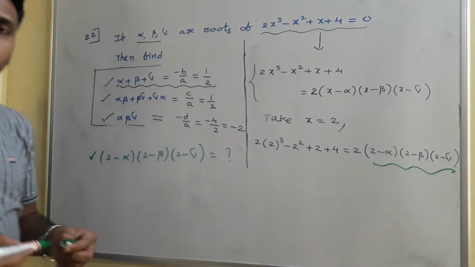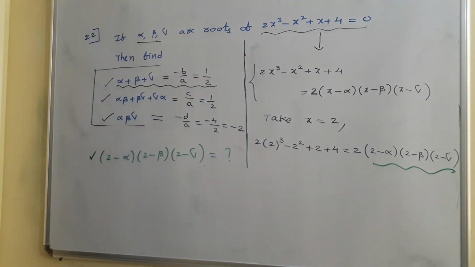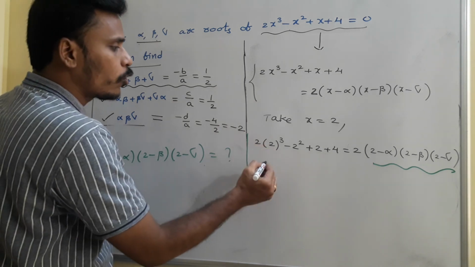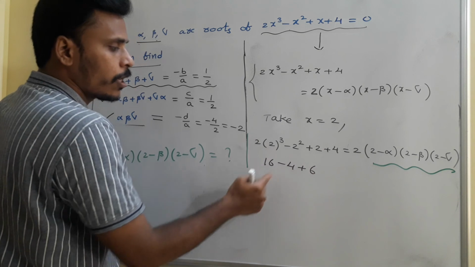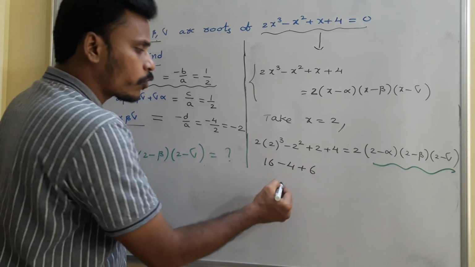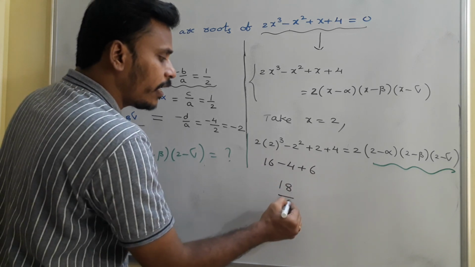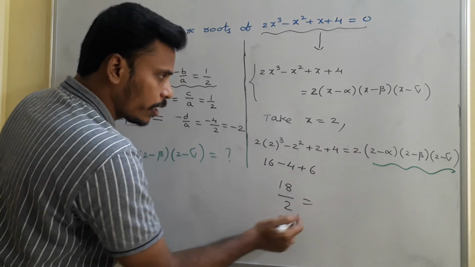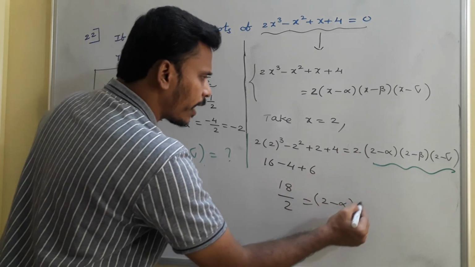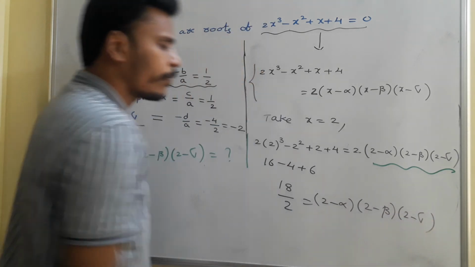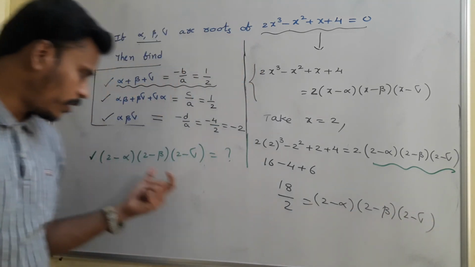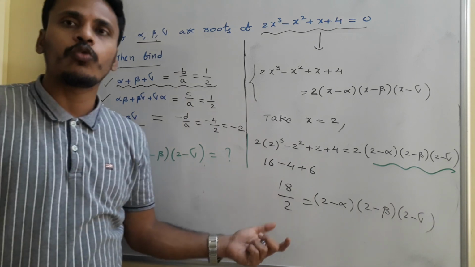That's why simply calculate this value and divide by 2. 2 cube is 8, 8 twos is 16, minus 4 plus 2 plus 4 is 6. This is actually 18. So 18 divided by 2 is equal to 2 minus alpha into 2 minus beta into 2 minus gamma. So at the end this value is 18 by 2, which is 9.